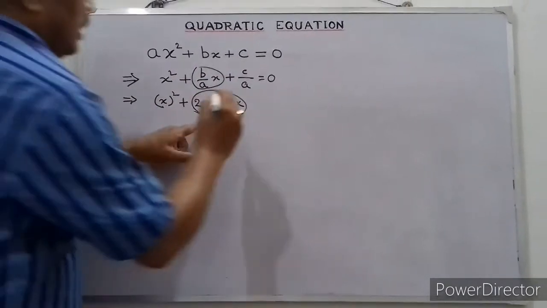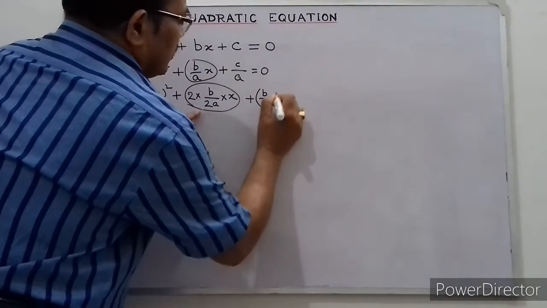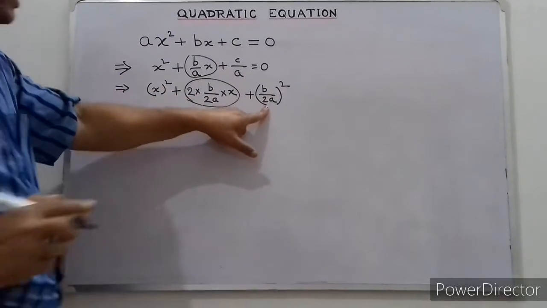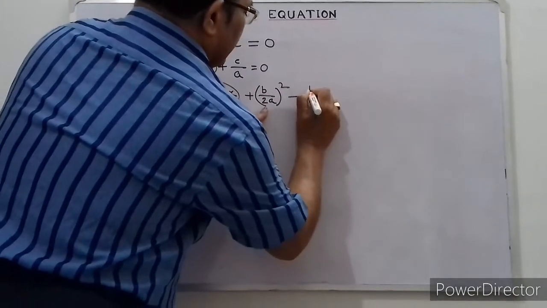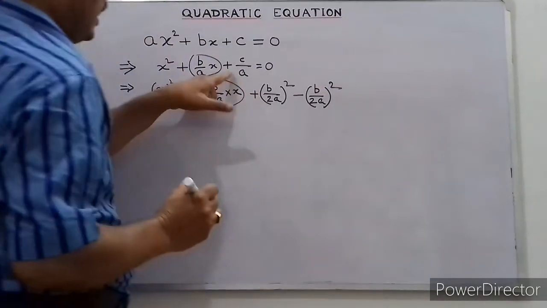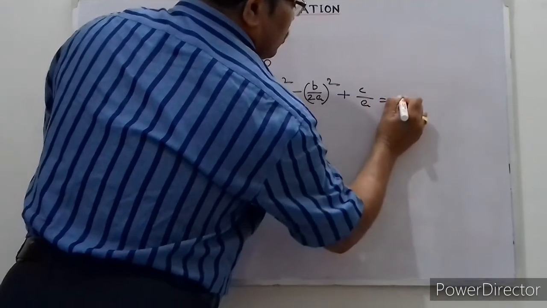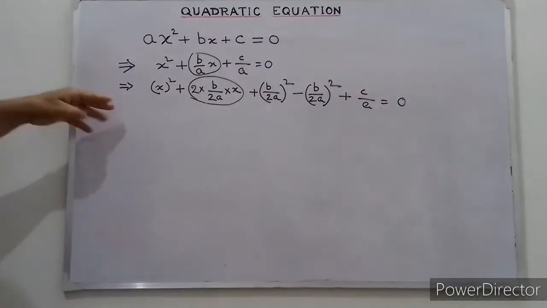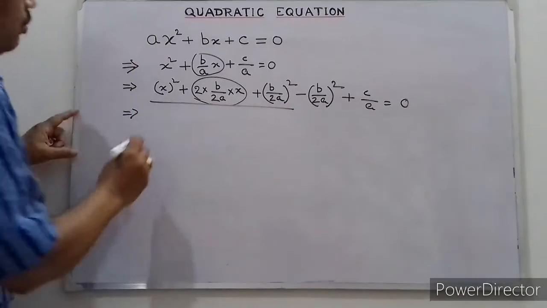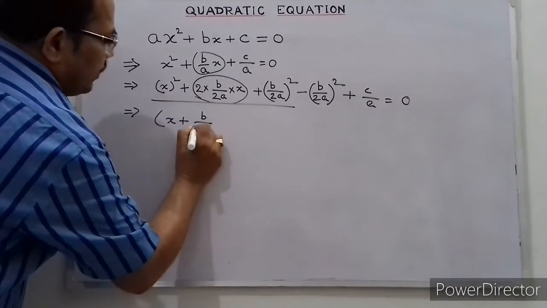Now write down b by 2a whole square. It is extra I have taken, so that has to be subtracted. So subtract this one, b by 2a whole square plus c by a equals 0. Understood? Now this term is the whole square of x plus b by 2a.